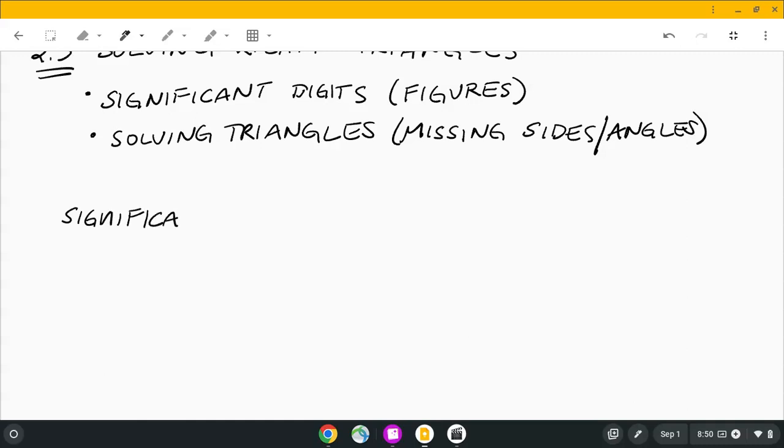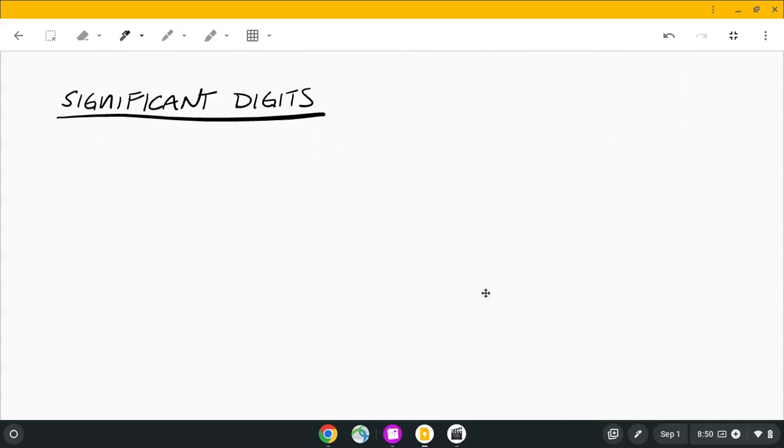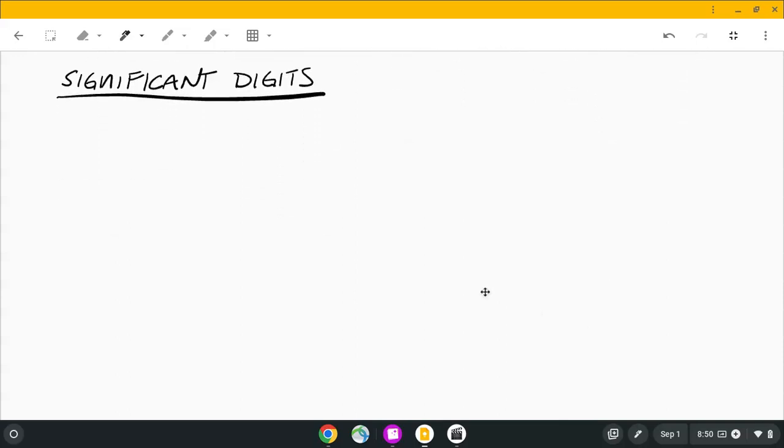Significant digits. Okay. It might seem a little complicated at first, and it kind of is, but then once you make sense of the rules, you're like, oh, okay.